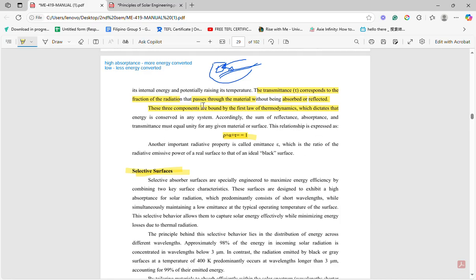Whereas when we talk about transmittance naman, it corresponds again to the fraction of radiation that passes through the material without being absorbed or reflected. Why is it important?